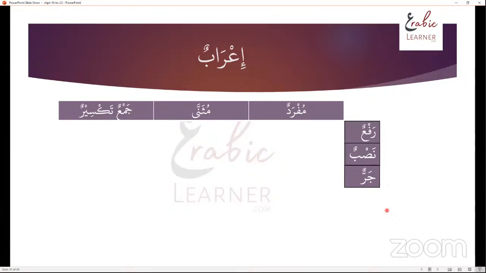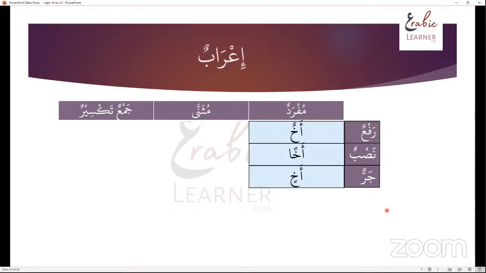Okay. One more last example. Akhun means a brother. Akhan, akhin. And musanna of that is akhawani. So akhun is a special case here, because it is having only two letters.